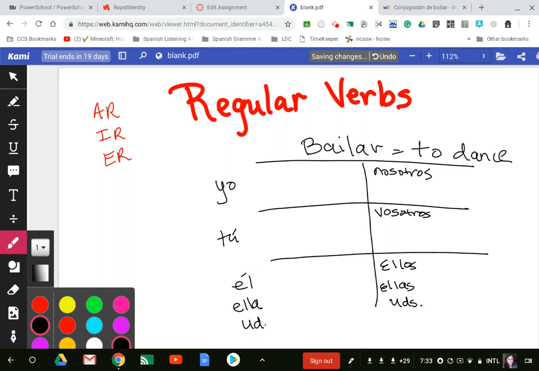And if you're unfamiliar with the subject pronouns that I just wrote down, please make sure that you go back and review that section as well. That's going to be in your resources from Spanish 1.